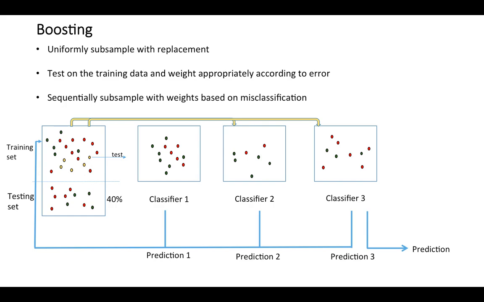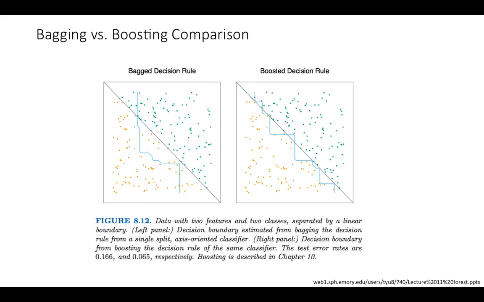So the third time you do a different distribution of these. You don't do a uniform subsampling. You weight accordingly and then do the sampling. So that would give you what is known as boosting, and that gives you better errors.